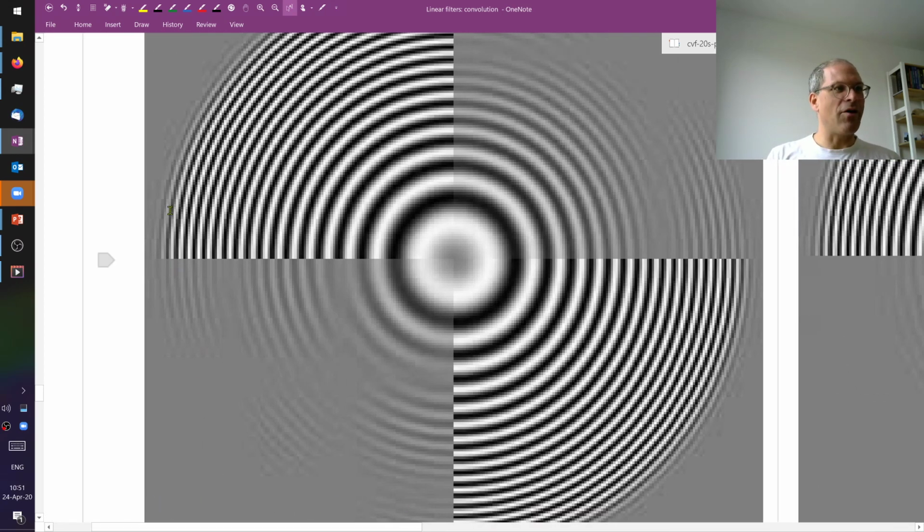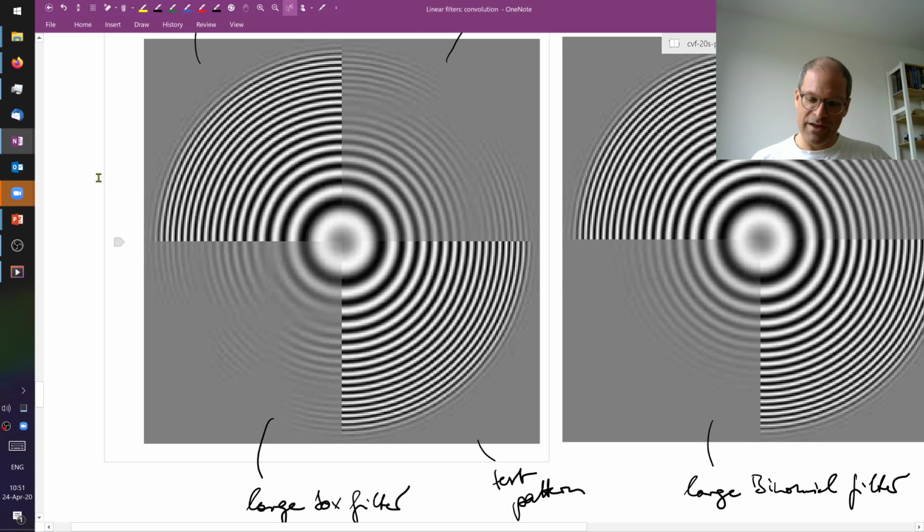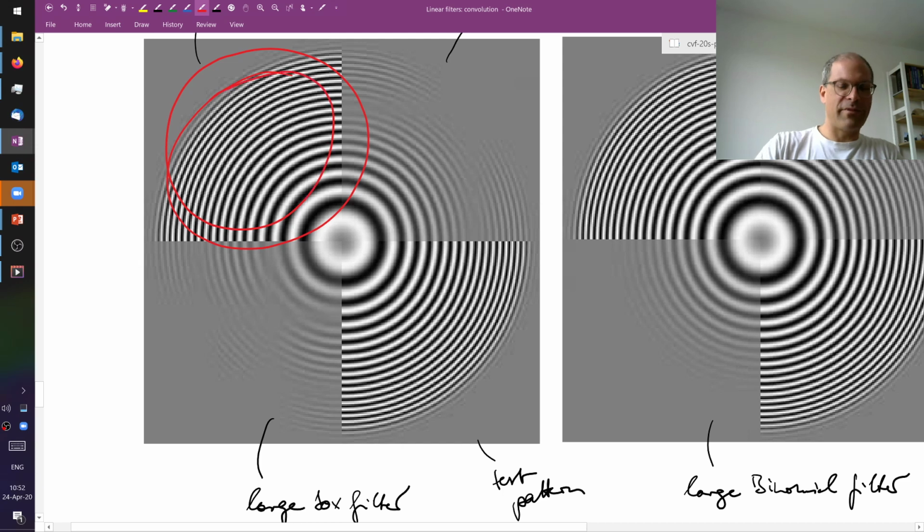And maybe it's good if you look at these eventually in the OneNote, because this webcam and so on might introduce additional blurring, so you don't quite see what I want to show you here. But what we see is a test pattern, these concentric rings in the top left corner and in the bottom right corner. This is the test pattern.